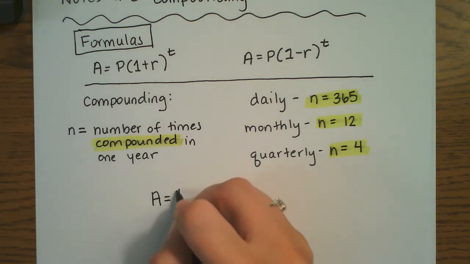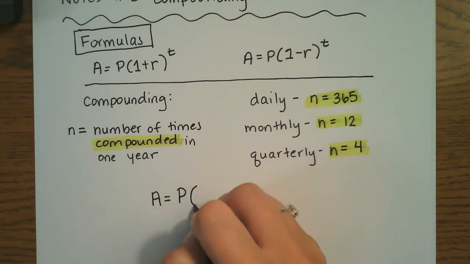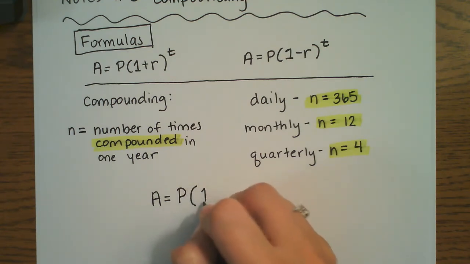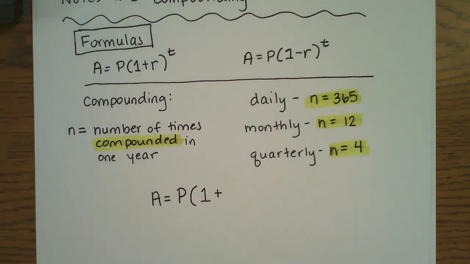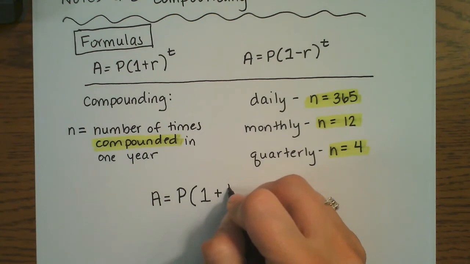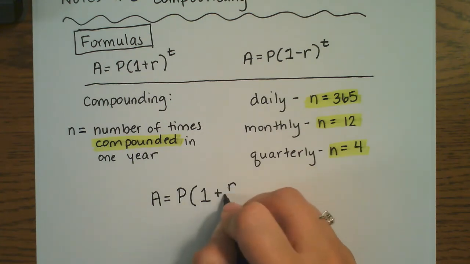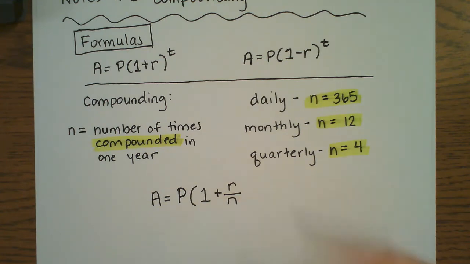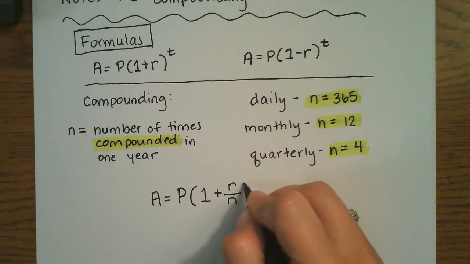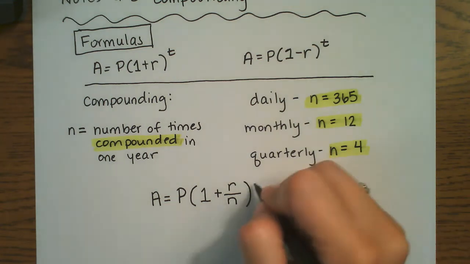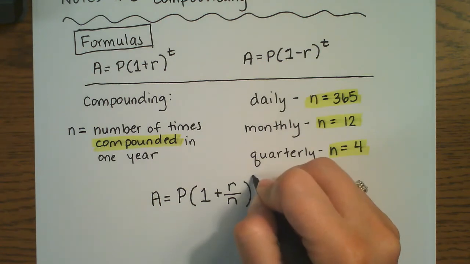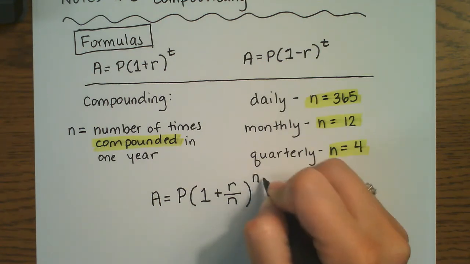So it's P times 1 plus R divided by N, close parentheses, and up in the exponent, N is going to be multiplied to time.